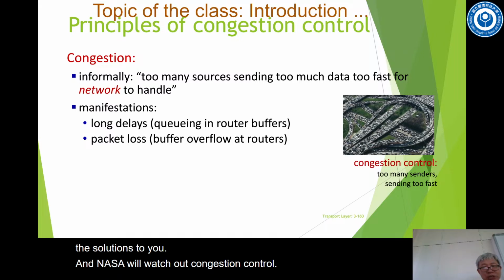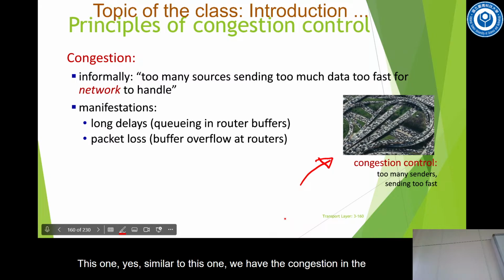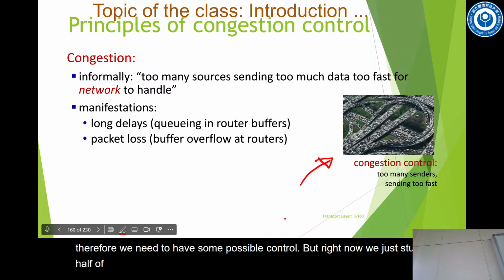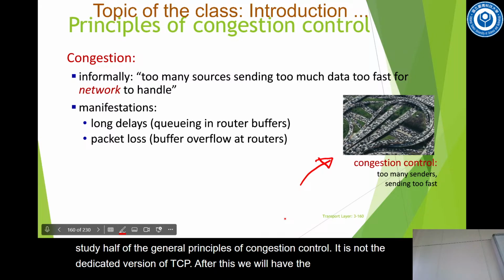Well, congestion control, like the current figure, we have congestion in the internet. Therefore, we need to have some control. But right now, we just cover the general principles of congestion control. It is not the dedicated version of TCP. After this, we will have the dedicated TCP congestion control.